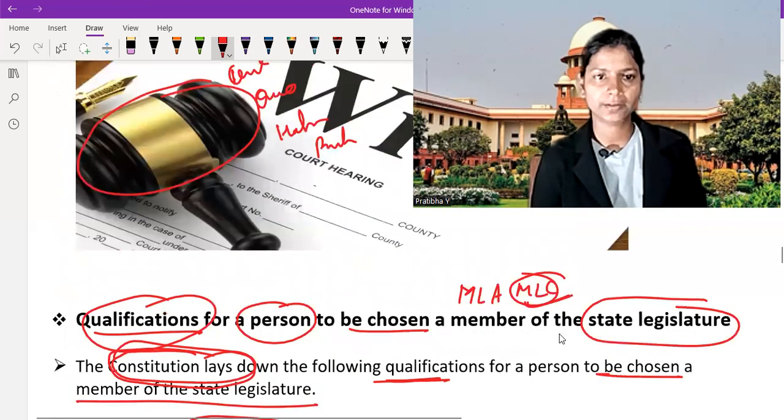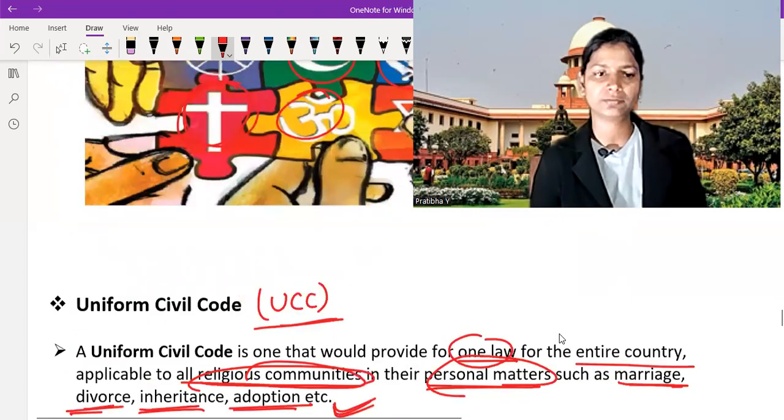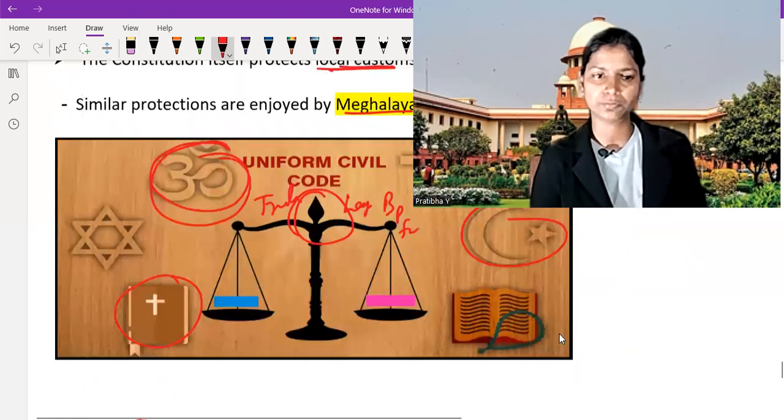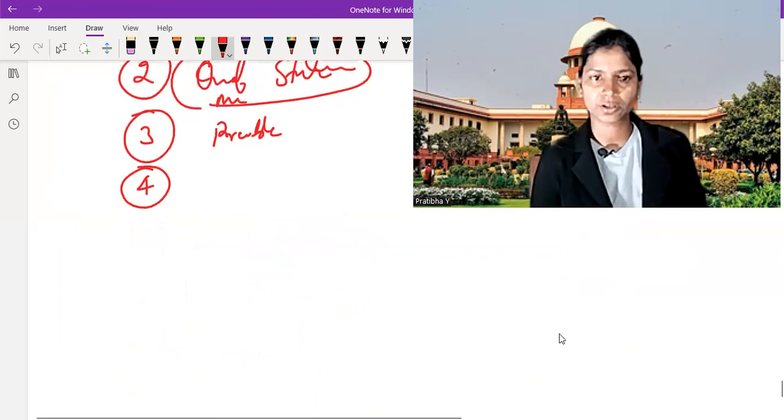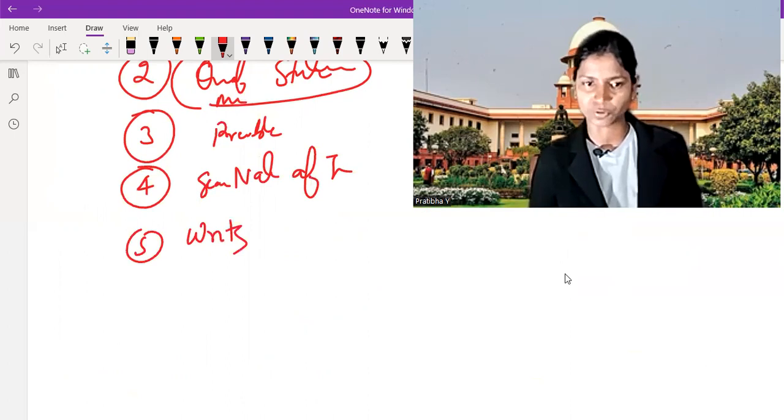Secular and writs. Secular nature of Indian state as well as different types of writs. So remember important points related to all these 5 topics.